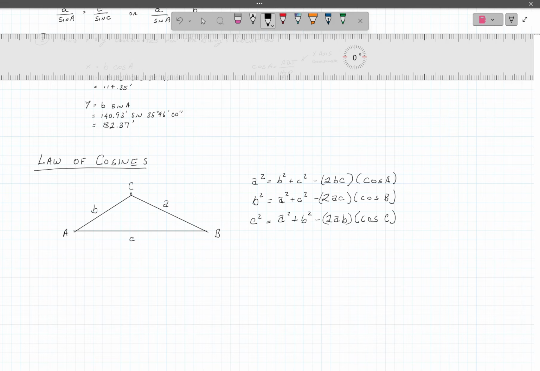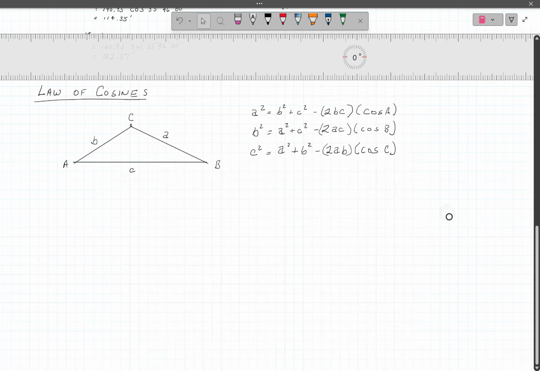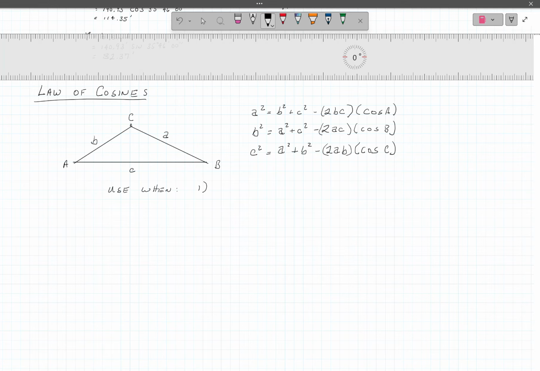Okay. So with that, we now have all of these, and we can use this when three sides are known.